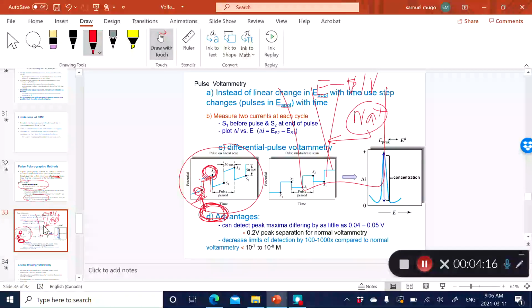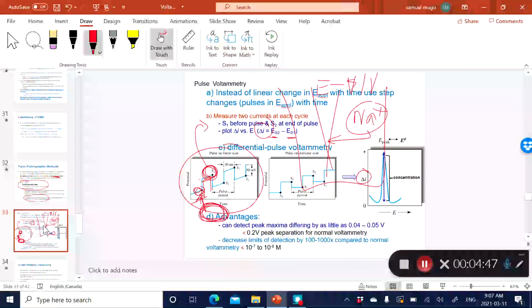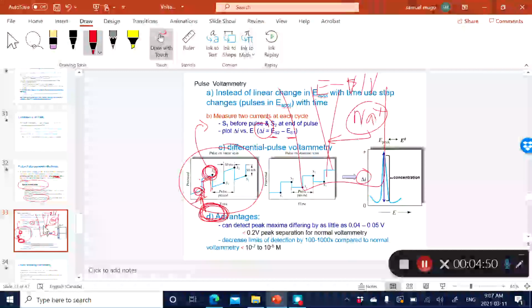So it's expected that in the S2, you're gonna have a bit of your charging current, but so also are you gonna have a bit of your Faradaic current that is resulting from the redox process within the electrochemical cell. And so if you take the S2 subtracted by the S1, then you get this thing that we are calling the delta I, which is a delta current, which would be proportionate to the redox process that took place.